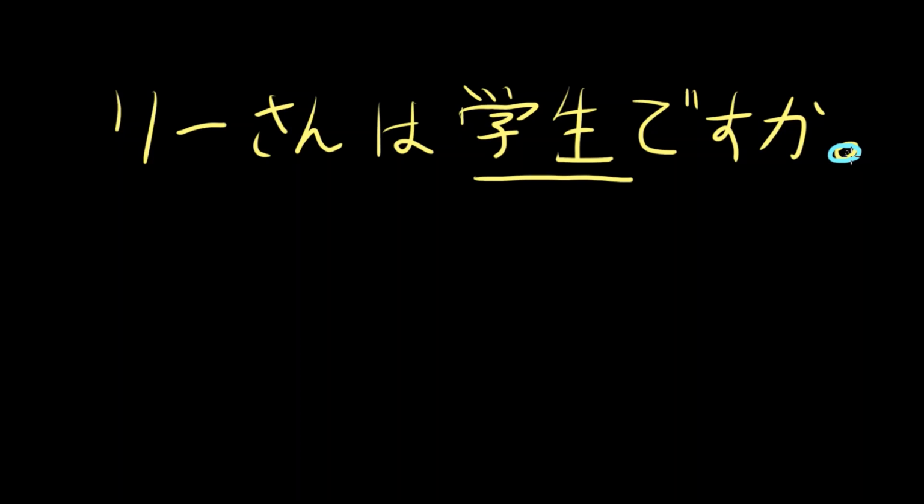But if you're using ka, there's no need for a question mark. It's indicative of a question. Ri-san wa gakusei desu ka? Is Miss Lee a student? Now, to reply to that, if you want to say yes, she is, you can go, Hai.